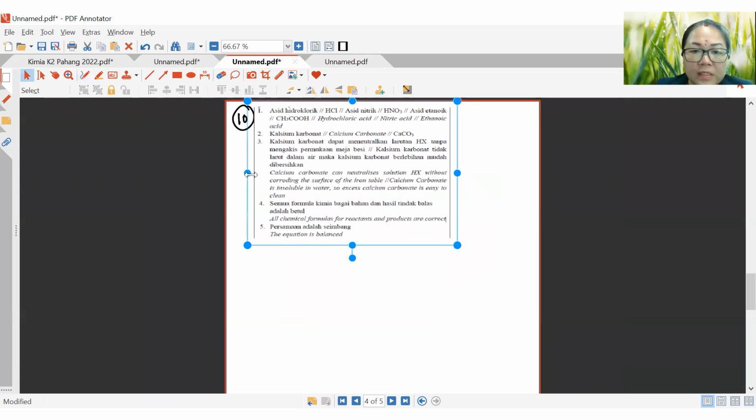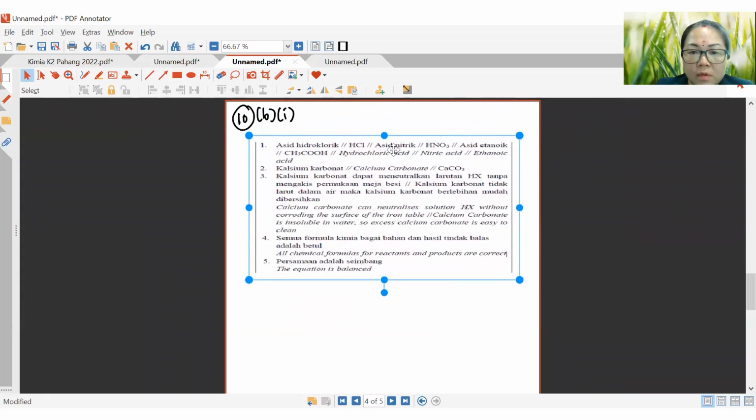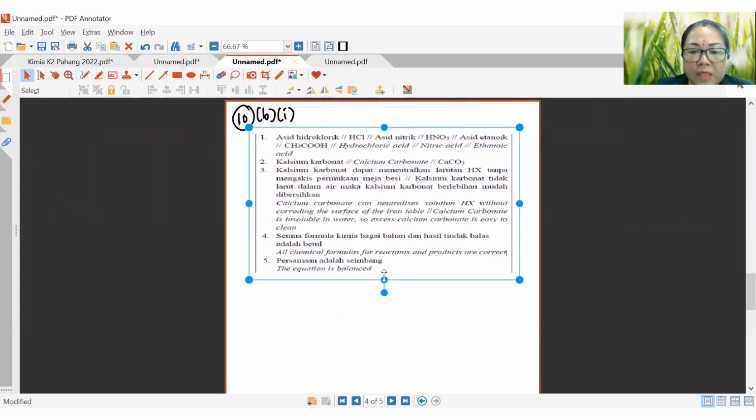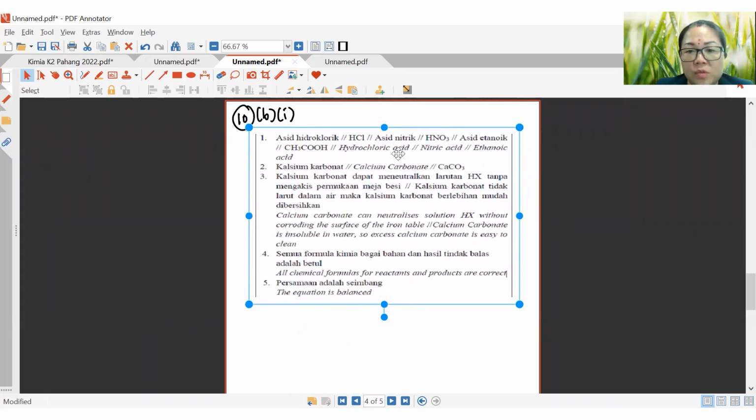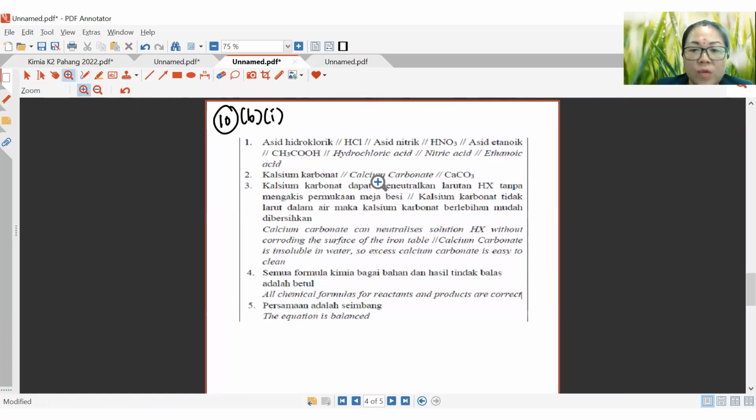So basically this is how you get your marks. First, you need to mention any form of acid which you know. Because all acids are suitable, be it weak or strong acid, in this case it's all suitable. So any acid is accepted.